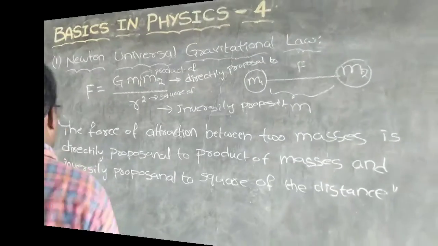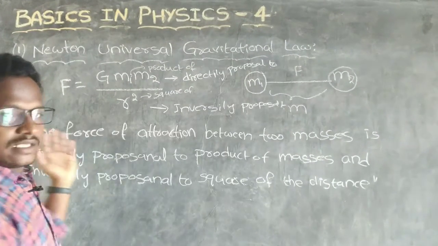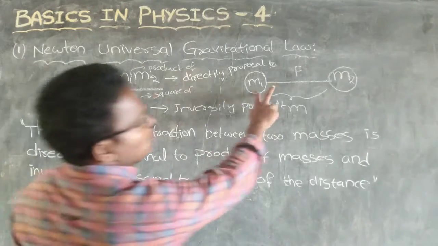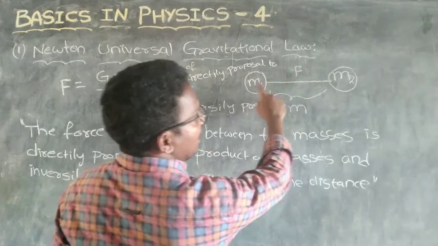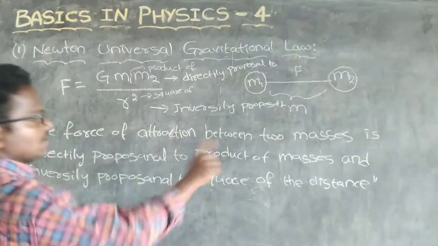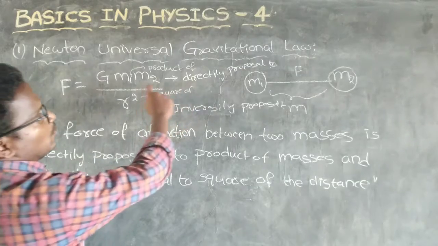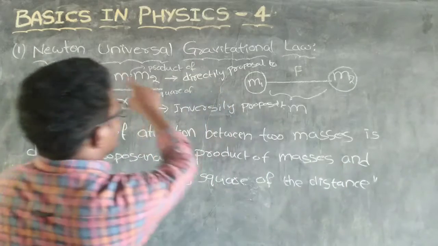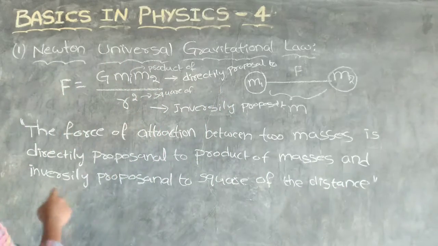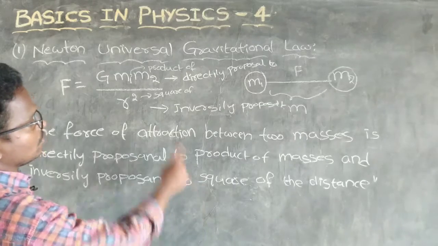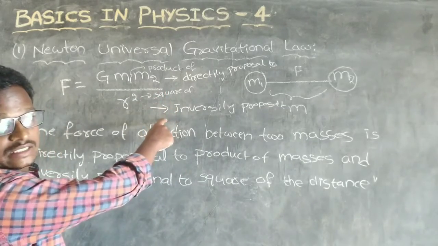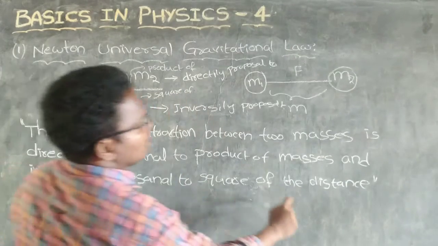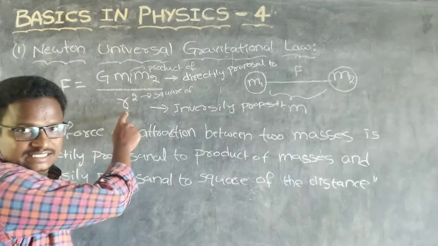See the definition. The force of attraction between two masses is directly proportional to product of masses and inversely proportional to, inversely means denominator, square of the distance. r means distance, right?